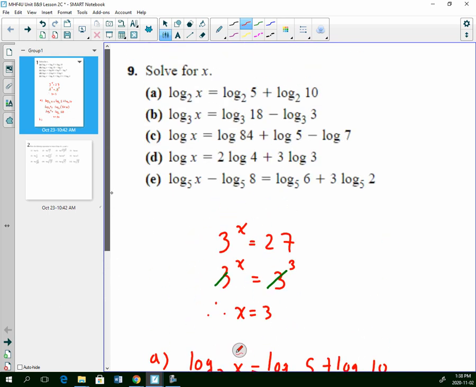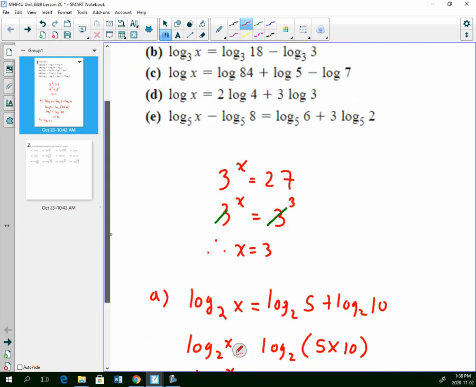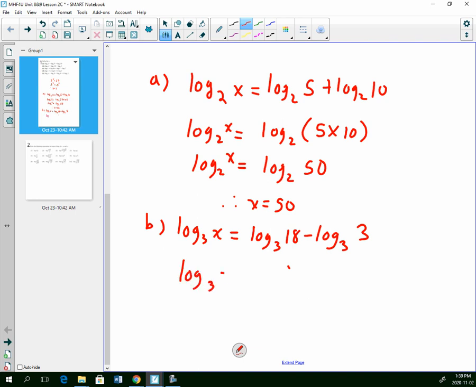Okay, so let's see what b is. Log base 3 of x equals... okay, so on the right we have two logs that we want to combine. It is subtraction.